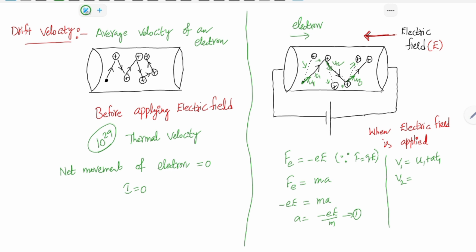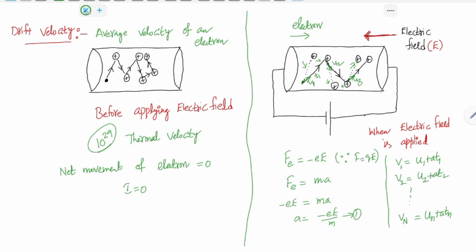After the first collision we consider it as the initial velocity, and the velocity before the second collision is the final velocity. Again, after the second collision it is the initial velocity for the second collision, and before the third collision it is the final velocity. Therefore v2 is given by u2 plus a times t2, and so on. If you have n number of collisions, you will have vn is equal to un plus a tn.